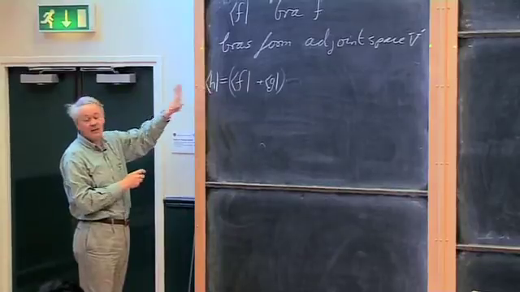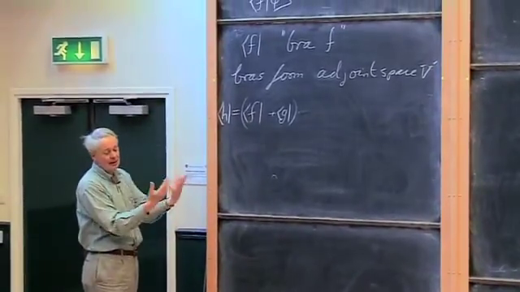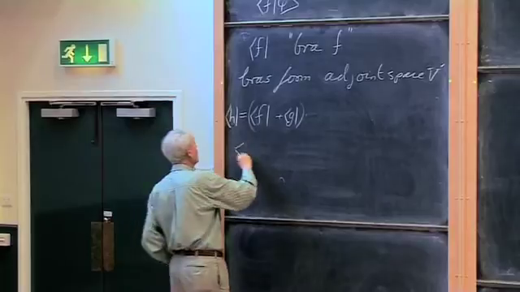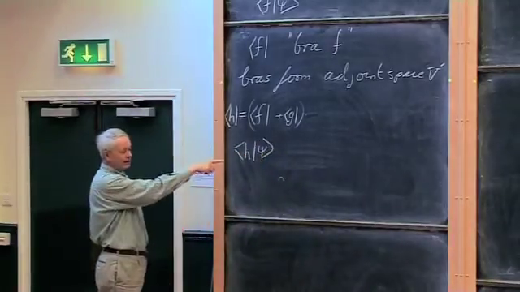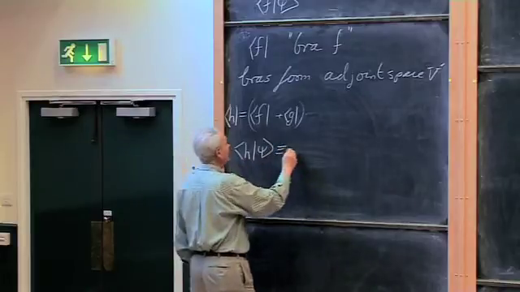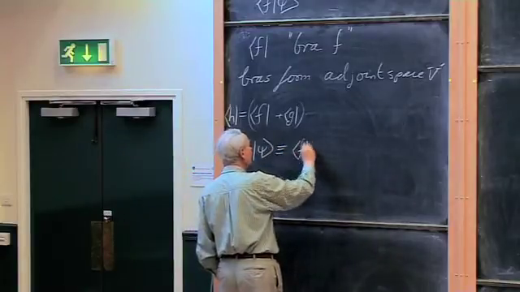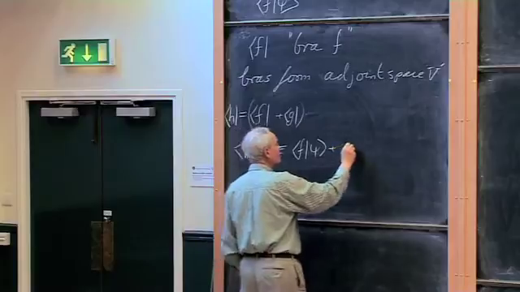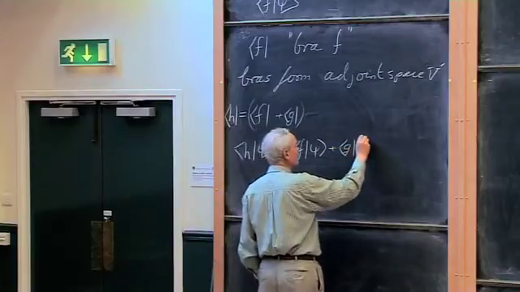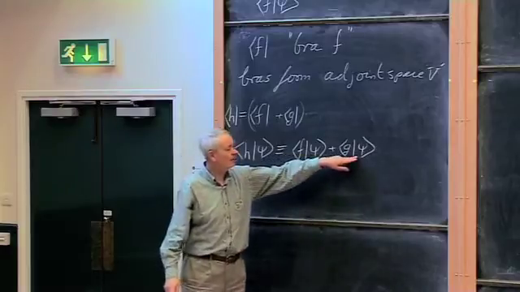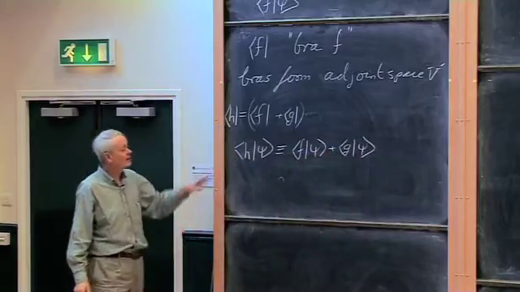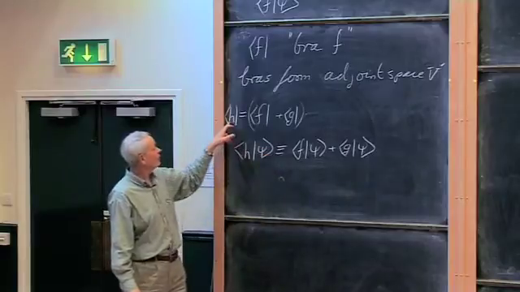A function is defined by the value it takes on any possible argument. So I need to know what H of psi is, what number that is. And I define it to be F of psi plus G of psi, which of course is a perfectly well-defined expression because this is a complex number, this is a complex number, and we all know how to add complex numbers. So this is the definition of the bra H.